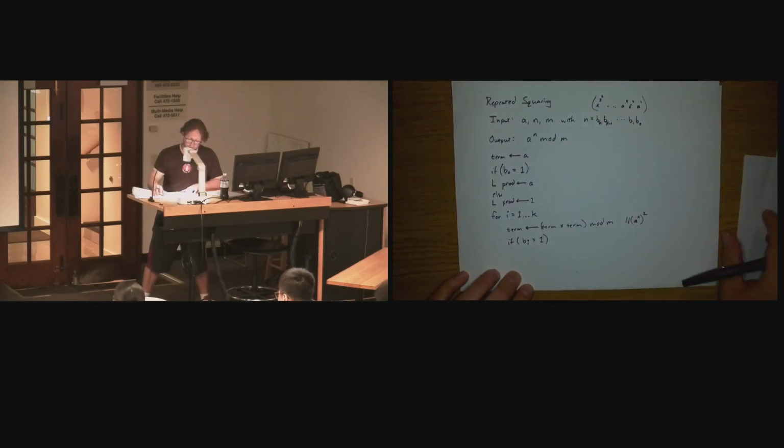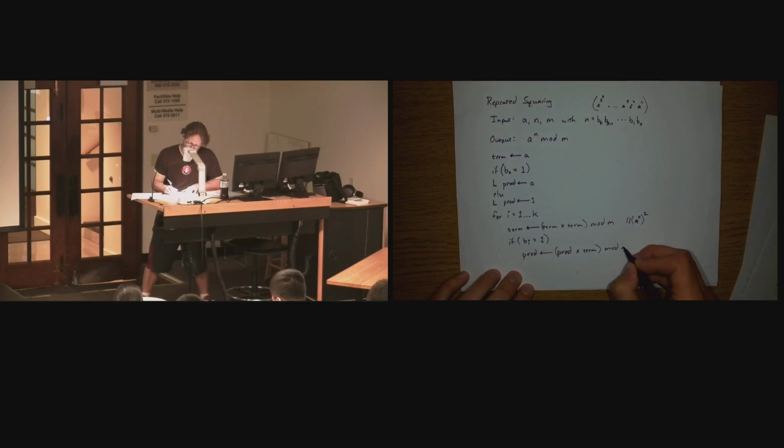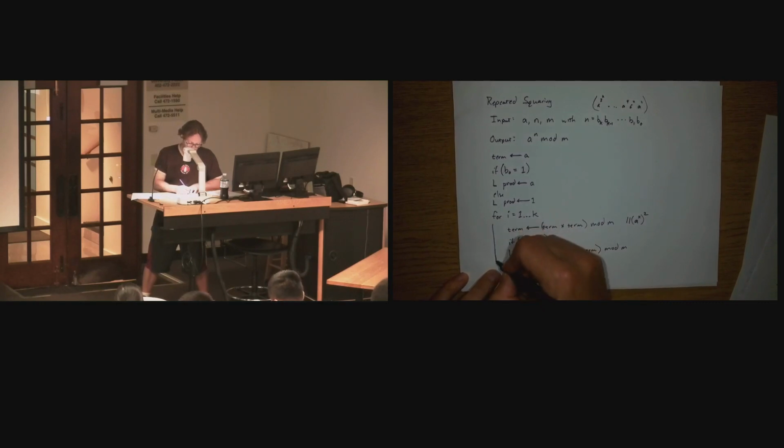And that's all just based on the bit. If the bit is 1, yes, you do need to include it. So product is going to be product times the term, and then again, mod m. Otherwise, if the bit is 0, forget about it, but still square the term. And then output product. That's it.